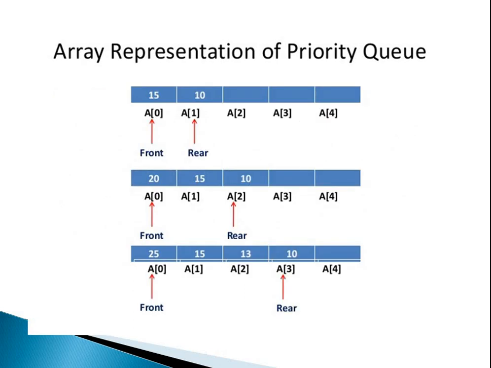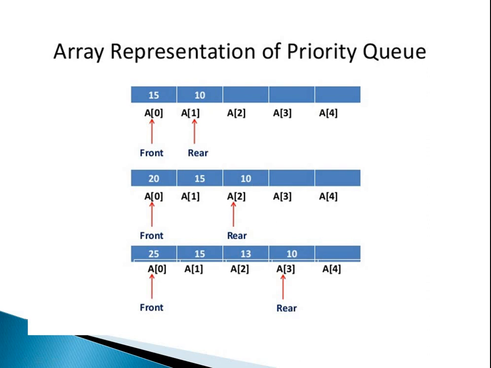You can see the array representation of the priority queue here. Front value and the rear value. Whenever you want to insert a value, 15 and 10 are the two elements already present in the queue. Now 20, 15 and 10. The question is, what is the priority of this particular element?